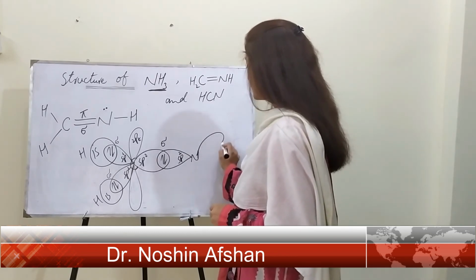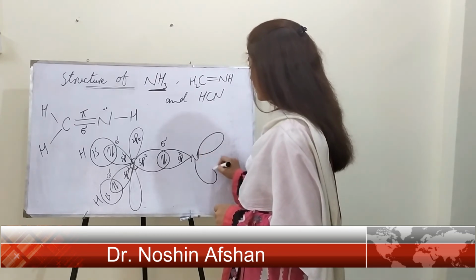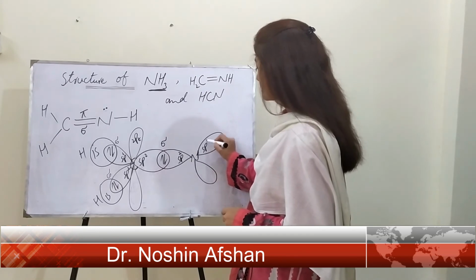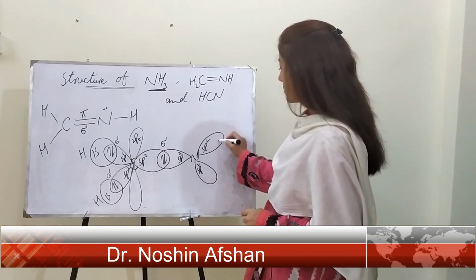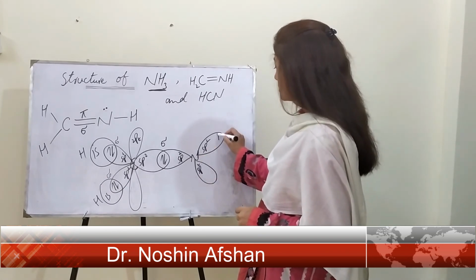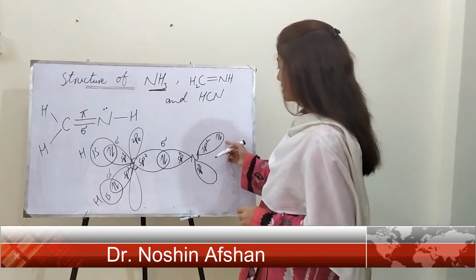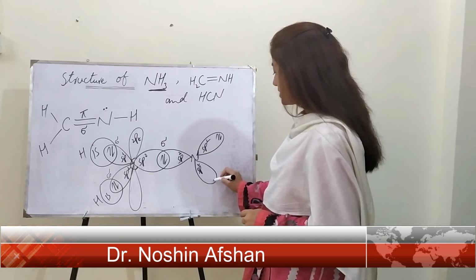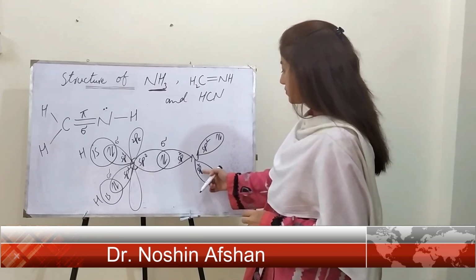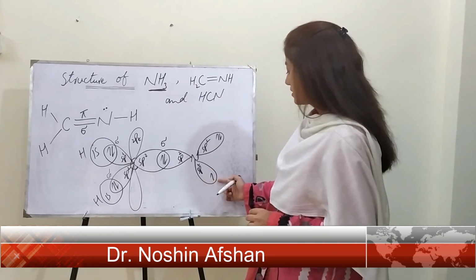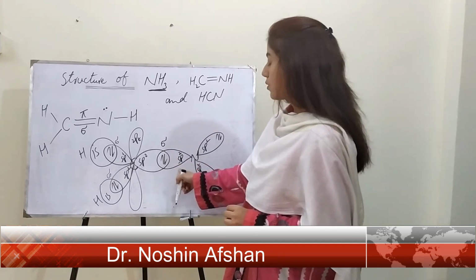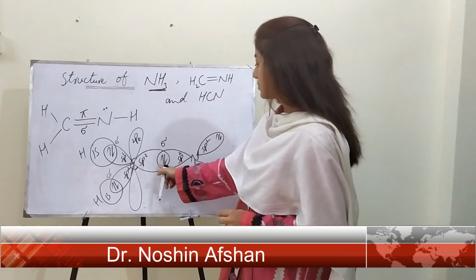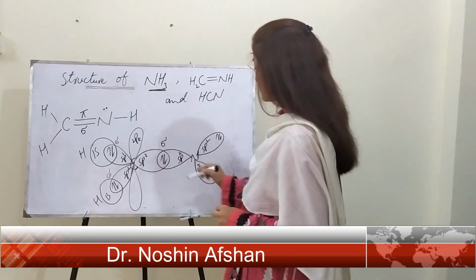And there are 2 other hybrid orbitals that are sp2. So one of the sp2 hybrid orbitals of the nitrogen would have an electron pair in it, and one of the sp2 hybrid orbitals would have 1 electron in it, and this would also have 1 electron in it that has been paired up with the sp2 of the carbon.